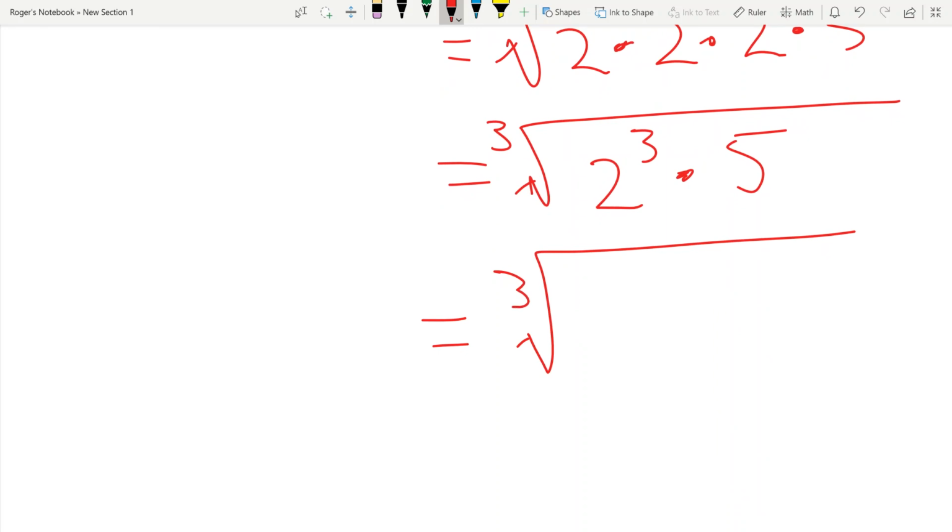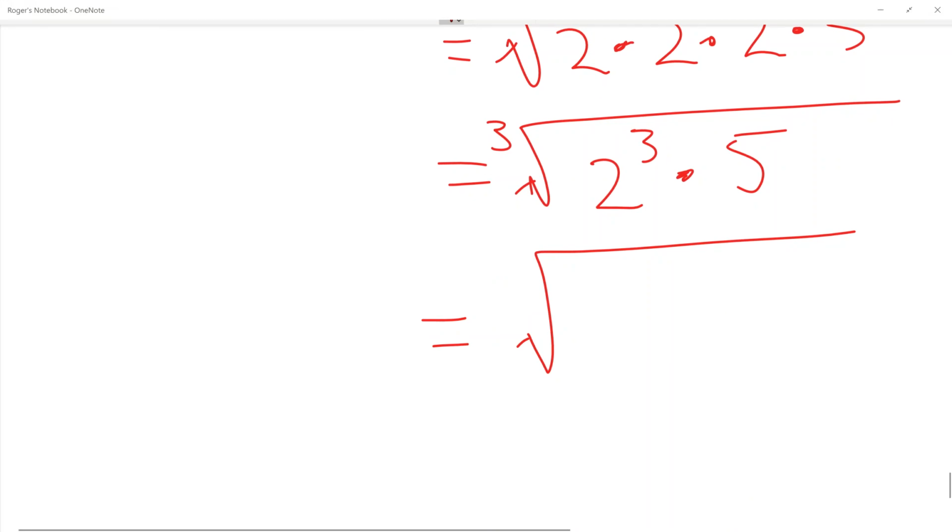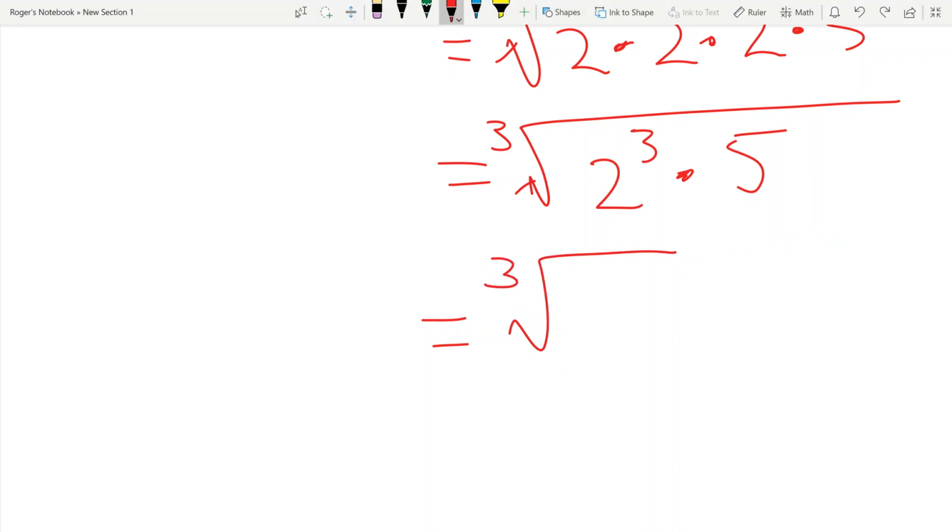The cube root of, oh, excuse me, I jumped ahead of myself here. This is going to be equal to the cube root of 2 cubed times the cube root of 5.